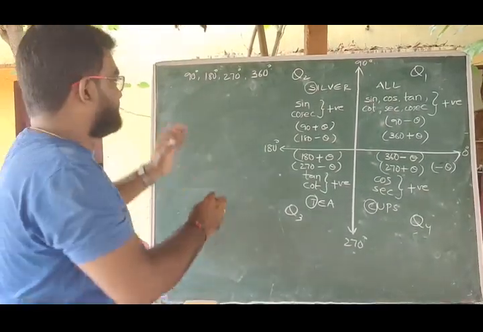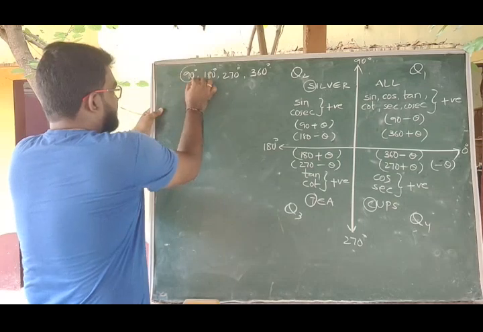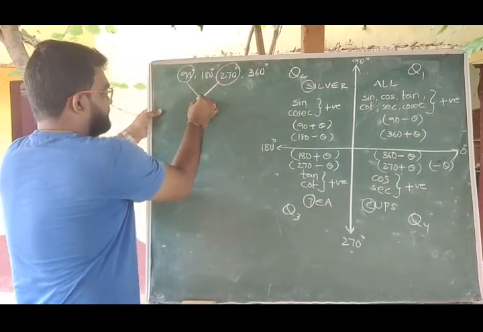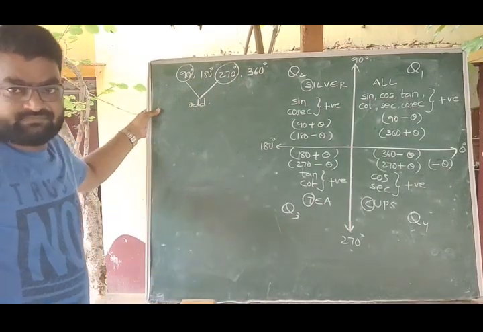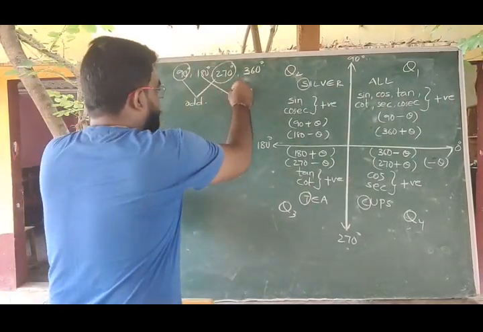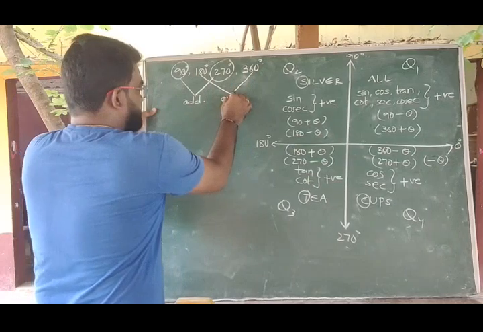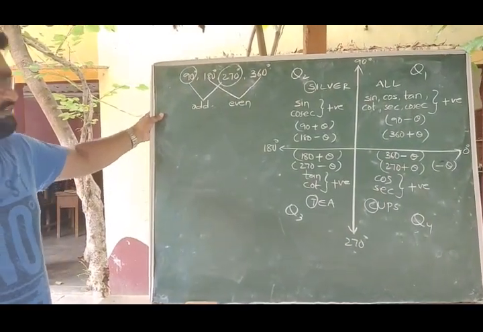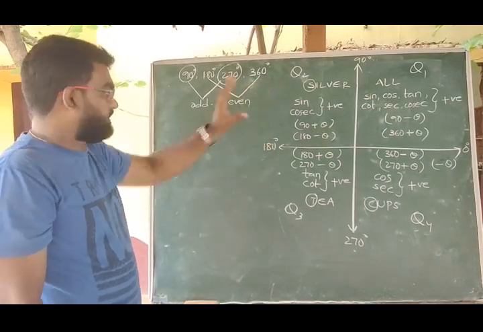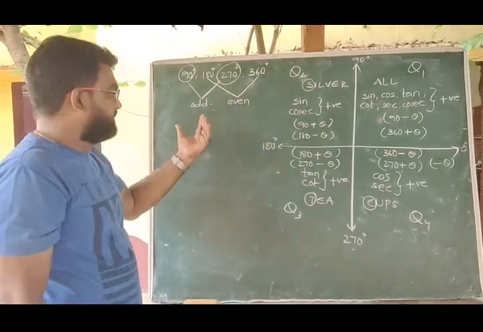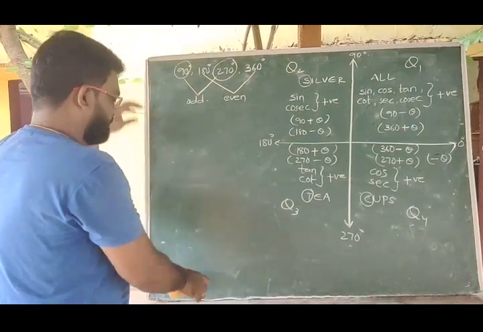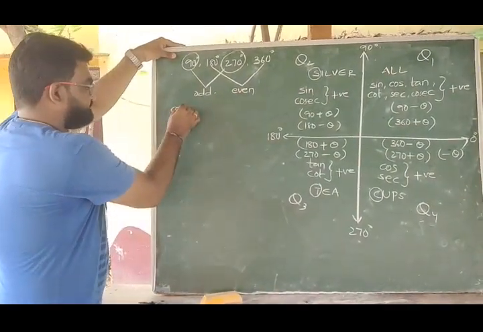Simply 90 and 270 we consider as odd angles, and 180 and 360 as even angles. I am saying all the angles are even, but just for our convenience we make them into 2 parts. Okay? So now, case 1.